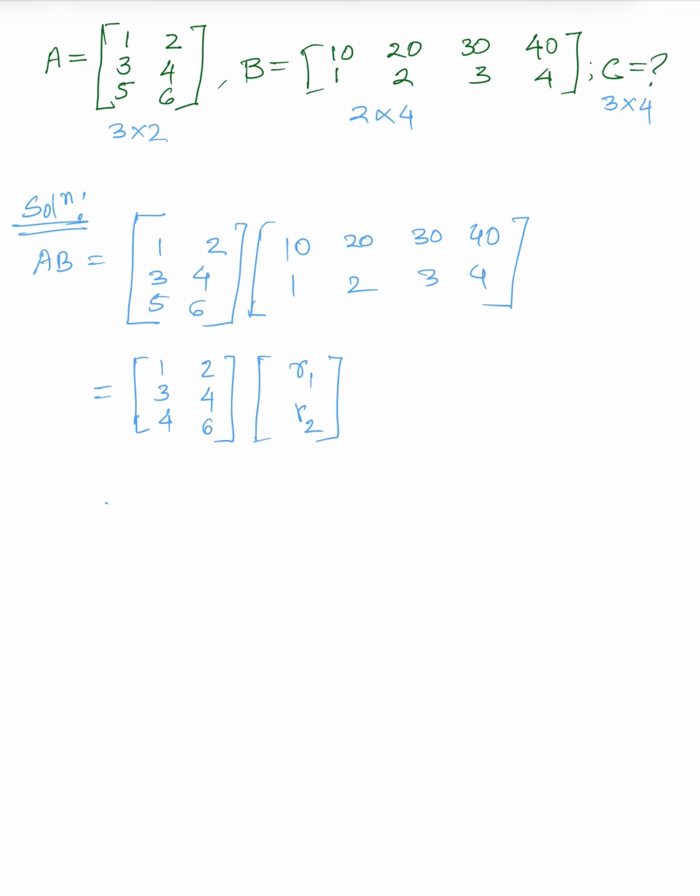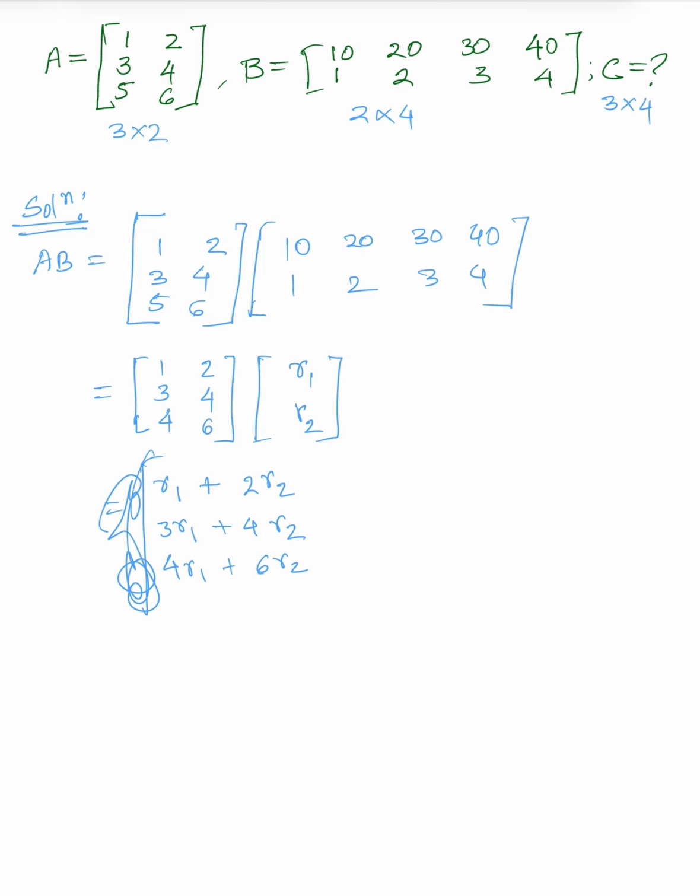And then we write this down. The first element is going to be R1 plus 2 R2, then 3 R1 plus 4 R2, 4 R1 plus 6 R2. Right, so this is how it should look.